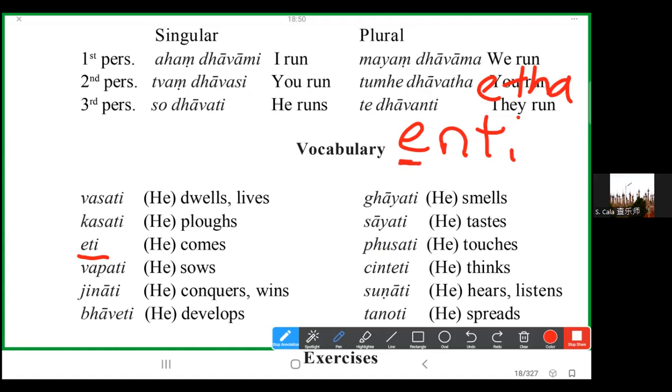Okay. All right. Can you read a little bit faster? Try faster. This is like making your brain work. Okay. So eti. Te enti. Tuam esi. Tumhe eta. Aham emi. Mayam ema. Okay, good.